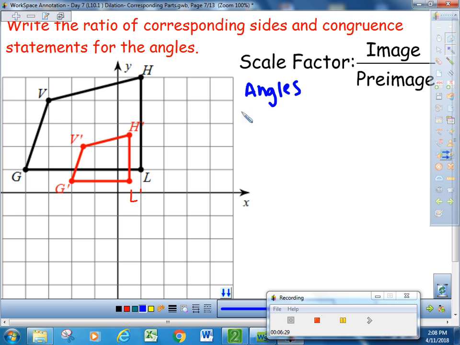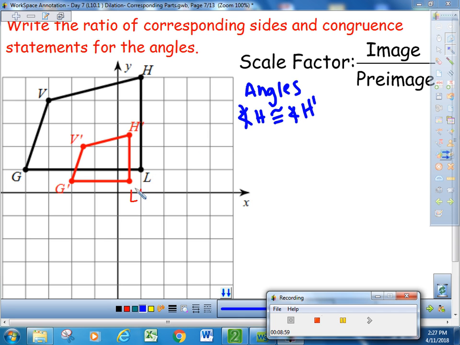So you would say angle H is congruent to angle H prime. Then you would move on to the next angle.